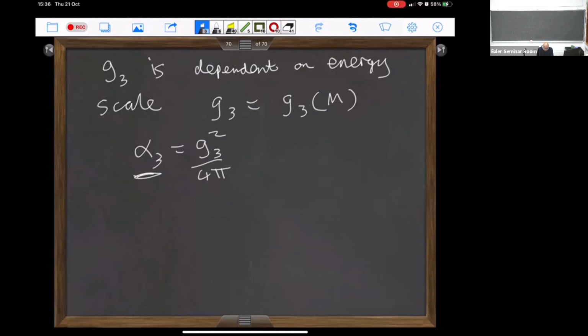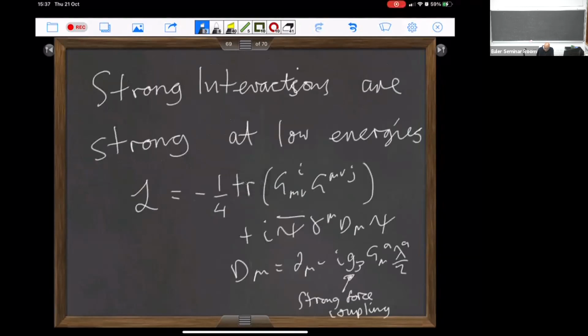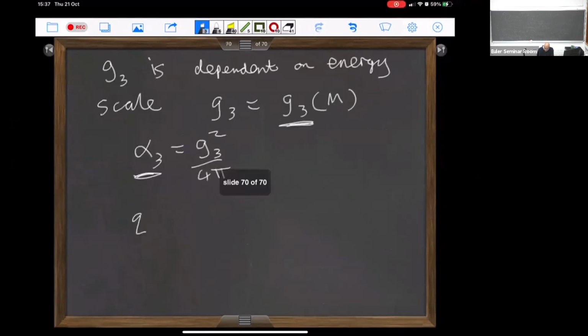The reason for that is, if you want to measure, for example, the charge of a quark, so here I'm talking about the strong charge of a quark, not the electric charge, then if I want to measure this g3, I have to measure the coupling in this Lagrangian somehow.